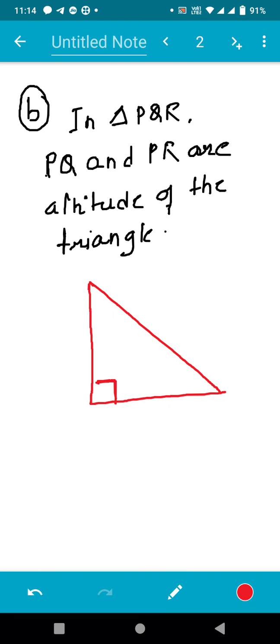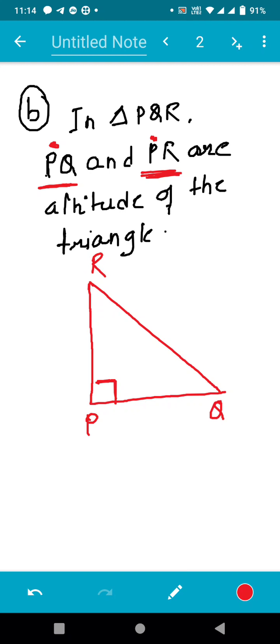This is a 90 degree. Now what we have to draw? We have to draw PQ and PR. So you see, in both the cases P is common. So we'll write P here. Okay, and what is the name of the triangle? PQR. So we'll write PQR like this.